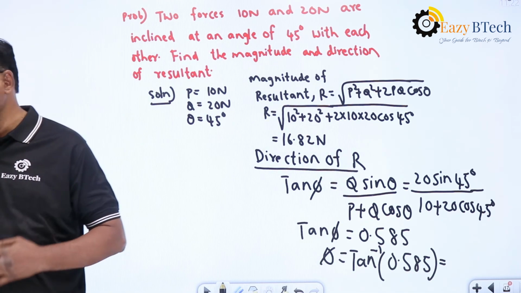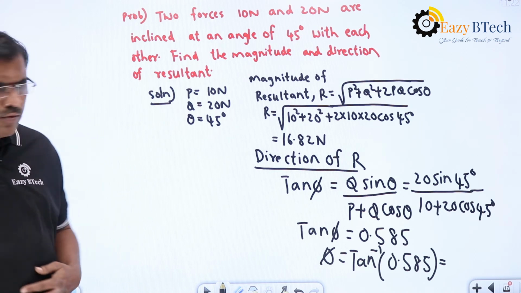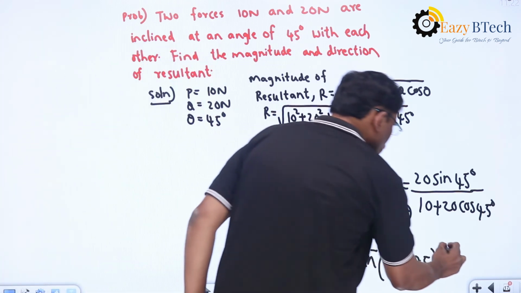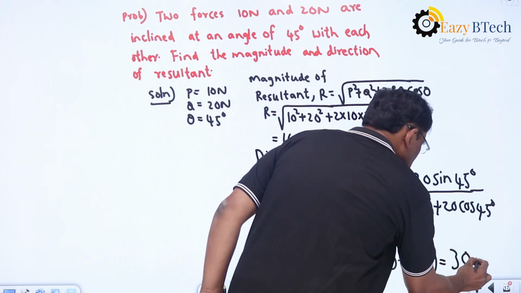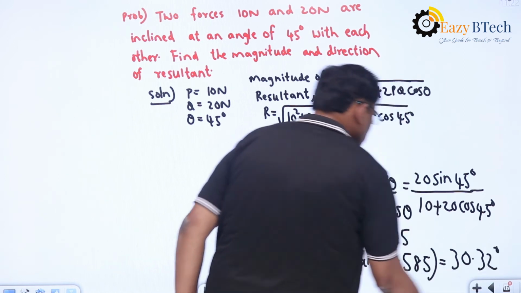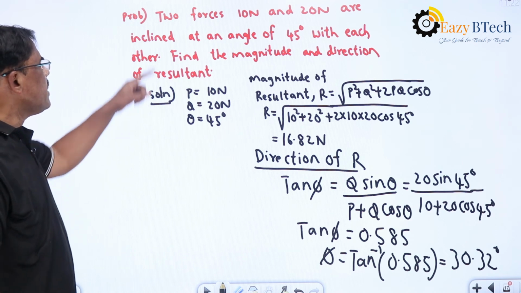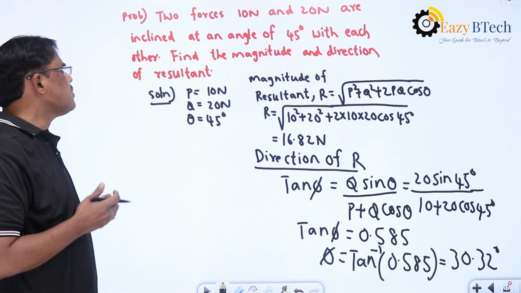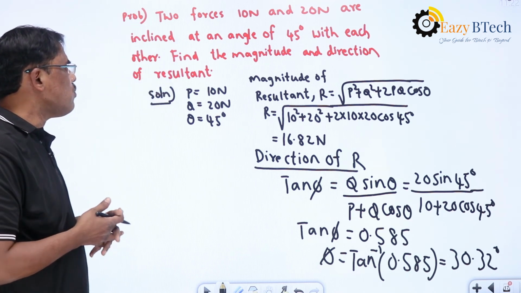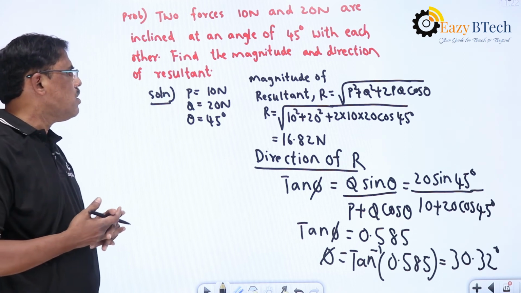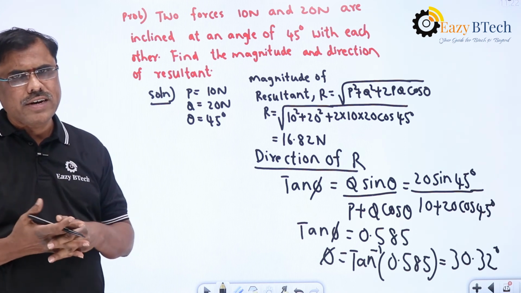And when you do this tan inverse 0.585, this comes to 30.32 degrees. So this is the solution. Once again, the two forces are 10 newtons and 20 newtons inclined at an angle of 45 degrees with each other. Find the magnitude and direction of resultant.